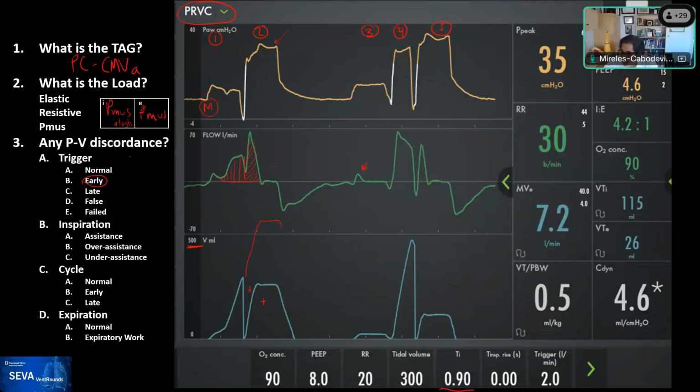Have no fear. What is 3, 4, and 5? Is it an early trigger, late trigger, false, or failed?